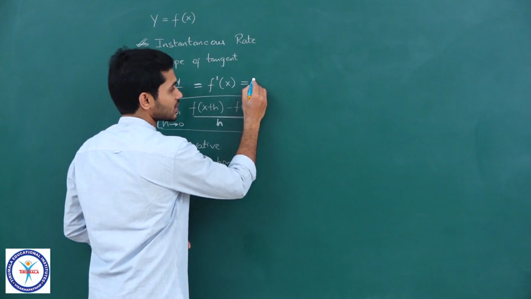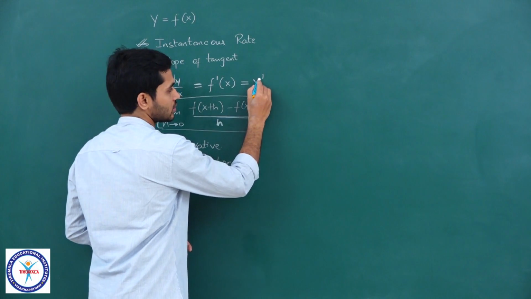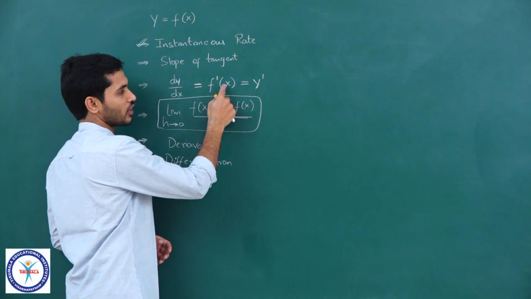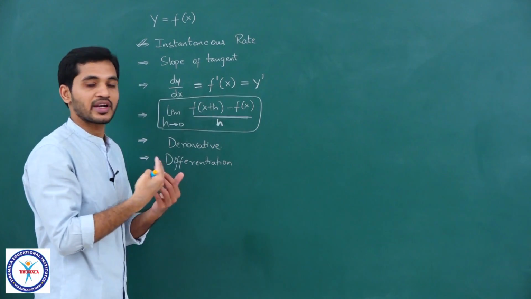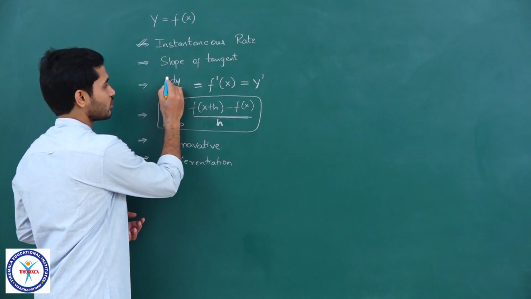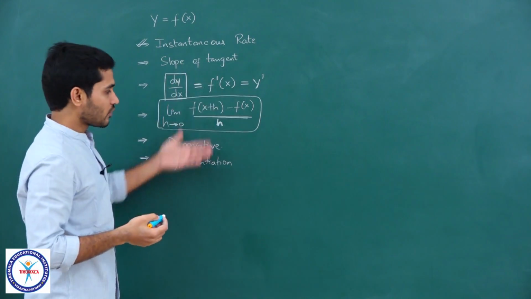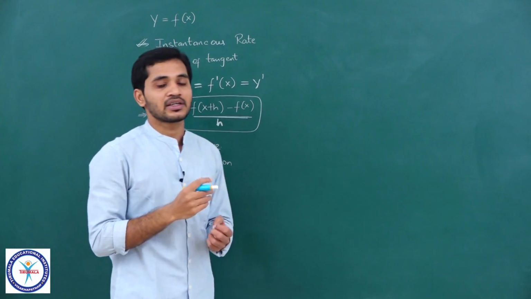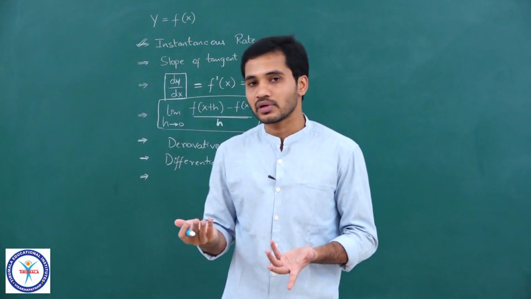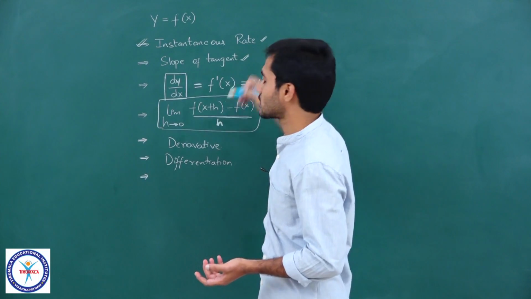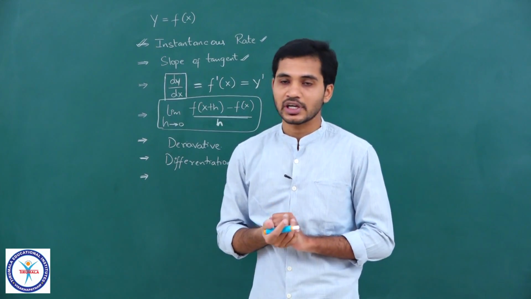This can also be represented as y dash, just putting a dash. Whether you put a dash for y or for f of x, it means the same, you are finding the derivative, and that derivative basically means dy by dx. These are all different ways of representing or naming the same thing, and what is that same thing? The slope of the tangent or instantaneous rate of change, clear.